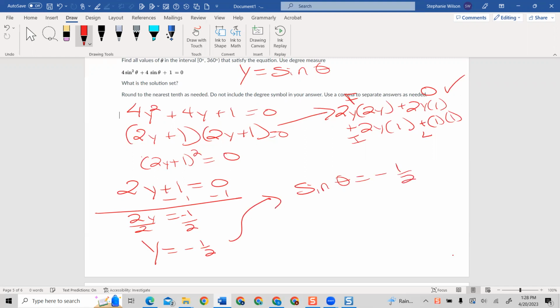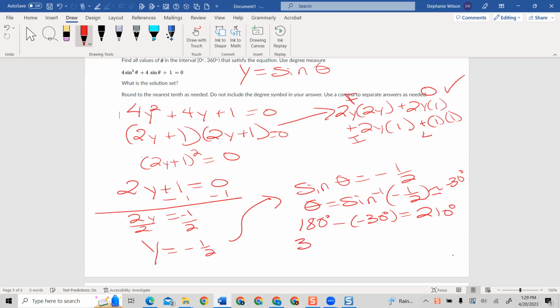Now let's take the inverse of sine theta. And the inverse of sine at -1/2 gives me -30 degrees. So I know that I'm going to say 180 degrees minus that -30 degrees means I'm going to add it, gives me 210 degrees.